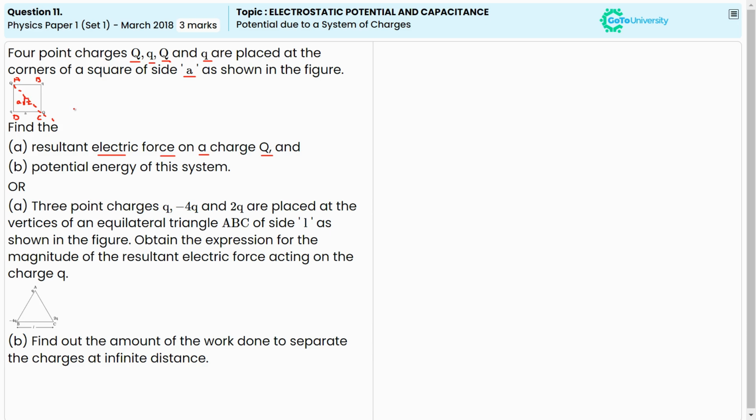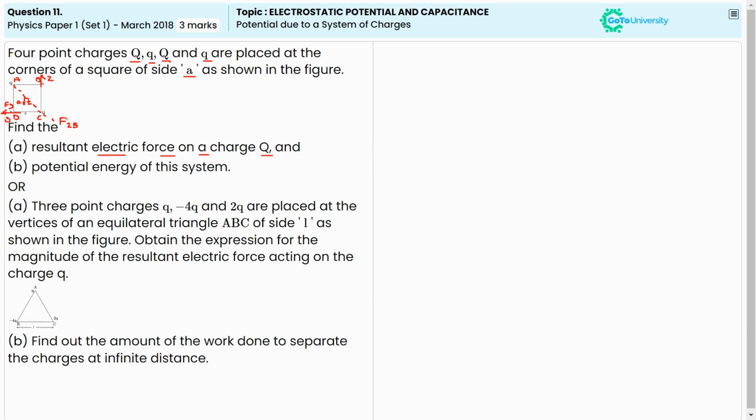Then I can take this force as F2 and this as F3. If this is the second force and this is the third force, then the resultant force F2,3 is what we need to find.